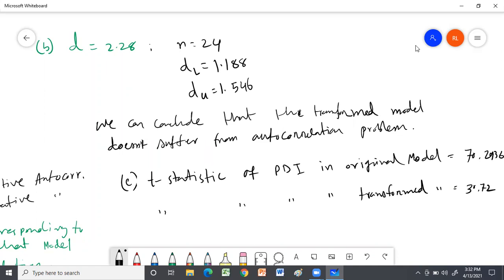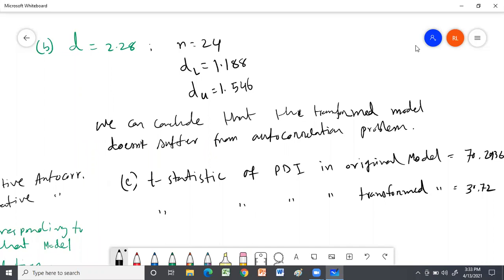I told you that when the regression model suffers from autocorrelation problem, then it will inflate the t value. Did I say that? Yes, sir. As per the consequence, it will inflate the t values, and when the t value has been inflated, there is a possibility that you are rejecting a null hypothesis which was supposed to be accepted.